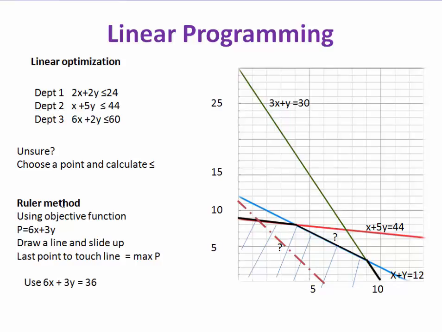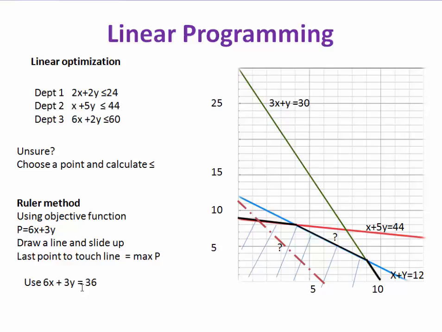Here we're going to use the ruler method or the gradient method. We use our objective function 6x plus 3y. So what we do here is we draw a line 6x plus 3y. How we can do that quickly in an exam, we just use a feasible number like 36. I've chosen that. Make 6x plus 3y equal 36. Make y equals 0, draw that point, so x equals 12.